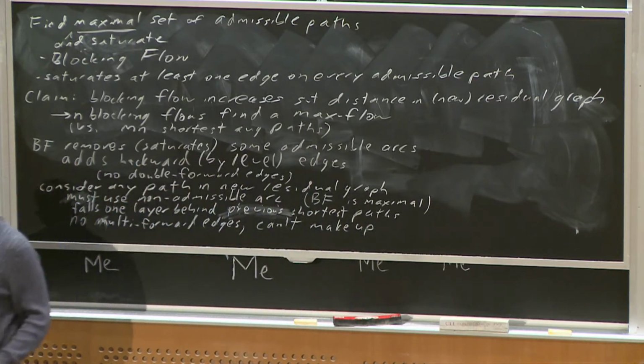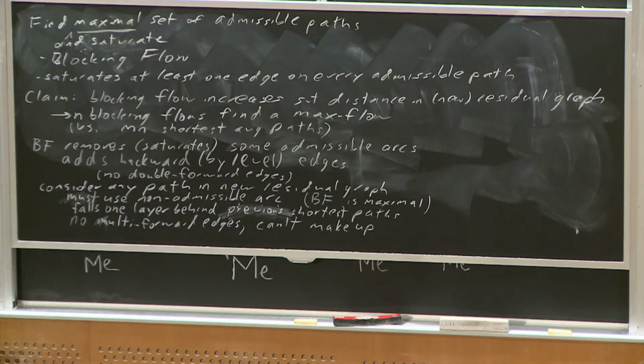And so whatever this path is, because it lost at least one tempo, in the best case, it's going to use a vertical edge. It's not going to go backwards, but it's still one behind. And that means that it is at least one longer than the previous shortest paths.